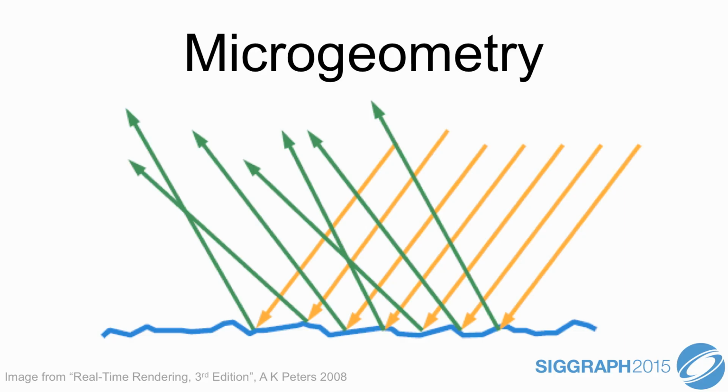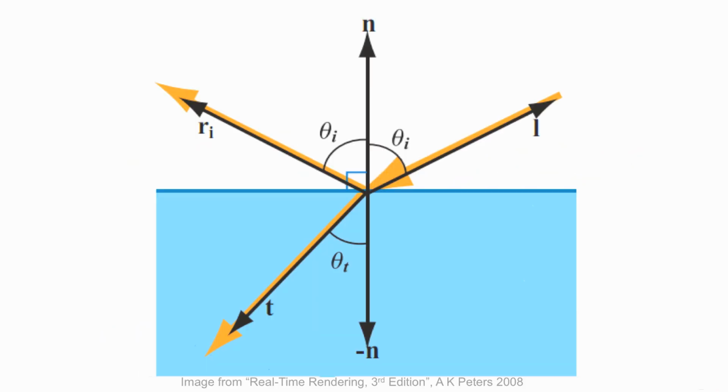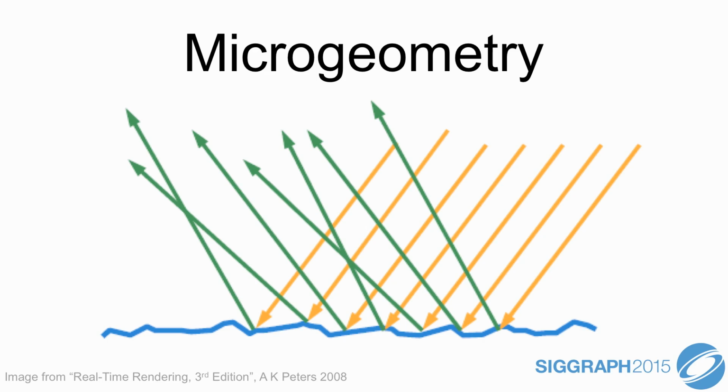And since both the reflection and refraction direction depend on the surface normal, on the surface orientation, the microgeometry is simply changing the local normal at a very small scale. And you end up with reflected rays, even though each specific point on the surface is only reflecting the incoming light into a single direction. Because a pixel covers a lot of bits of surface angled in different directions, you end up with this sort of statistical aggregate.